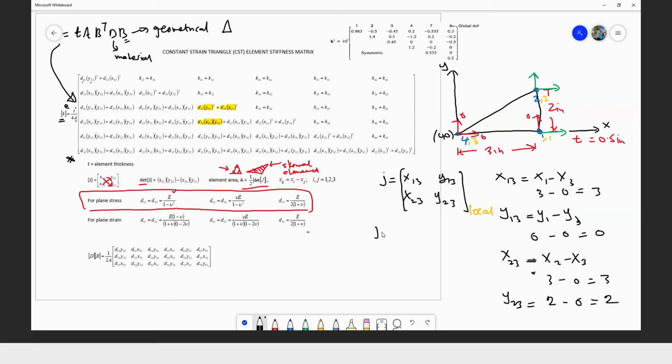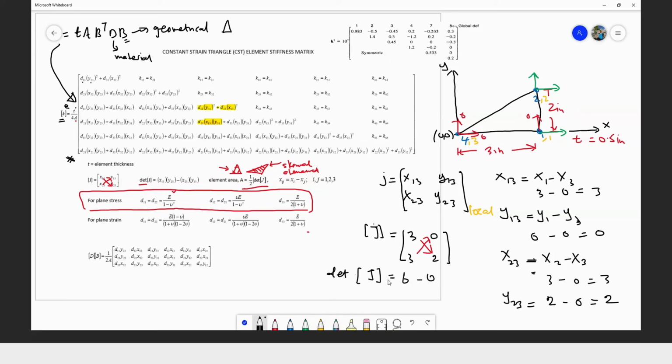So you plug in here. Your J is equal to 3, 0, 3, 2. So we take a cross product. 3 multiplied by 2 is 6, then minus 3 multiplied by 0, which is 0. Then the determinant of J is equal to 6.